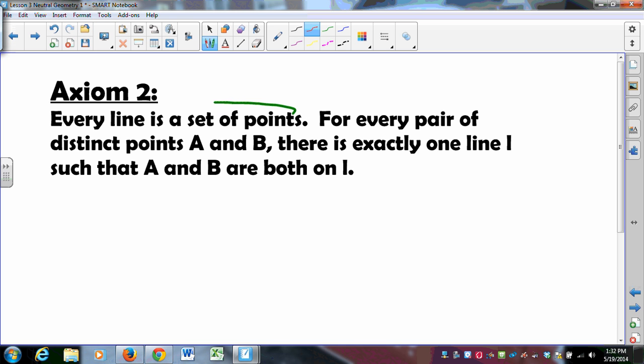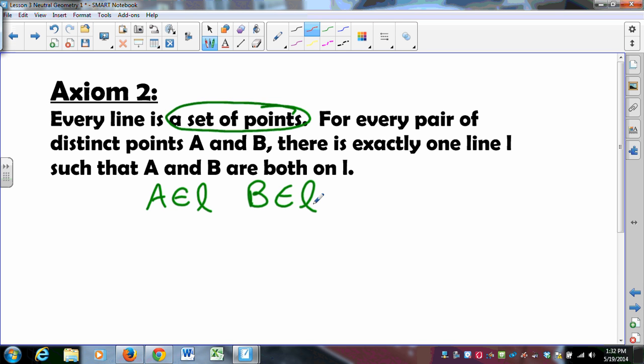Quick nod here. This is a nod to set theory. We're going to use set notation to deal with points and lines and points being on lines. We're going to say things like A is an element of L and B is an element of L, and that's going to get away from having to say that on is an undefined term.